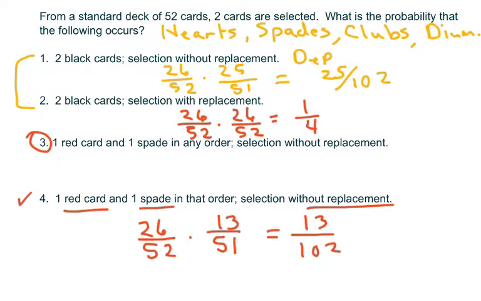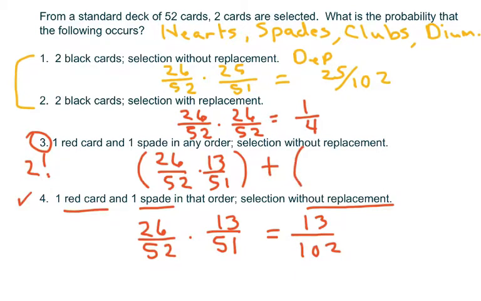Now, when they talk about in any order, basically you're going to multiply this by 2 factorial. Or you can think of it a different way. The 1 red card and 1 spade we already did, which is this part. Or, and we're going to get into or in the next video, or means to add.